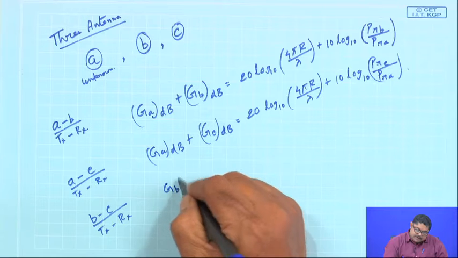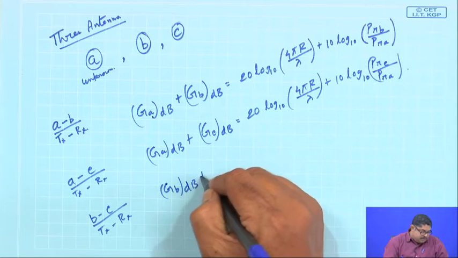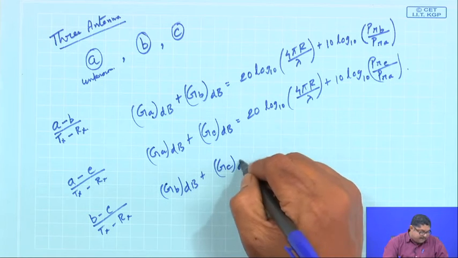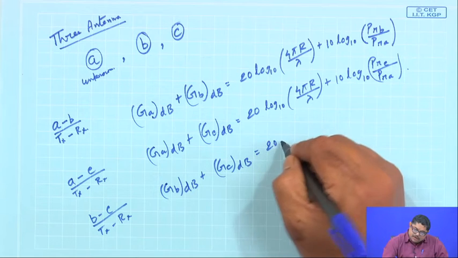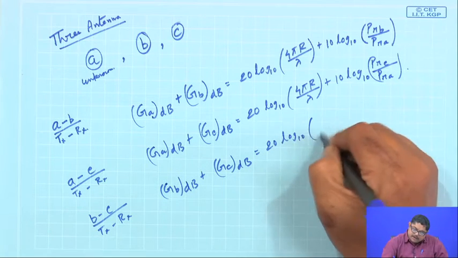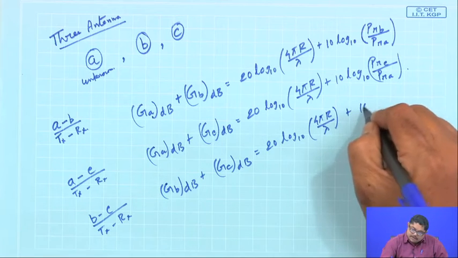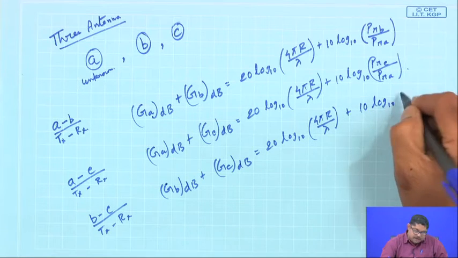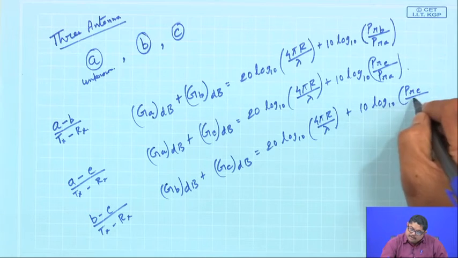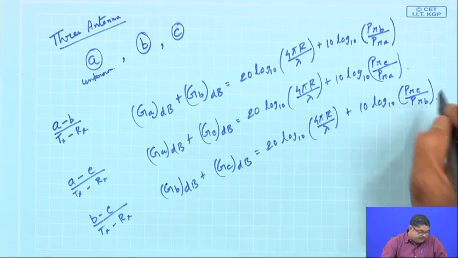So, GB dB plus GC dB is 20 log 10 (4 pi r by lambda) plus 10 log 10 (PRC by PRB).